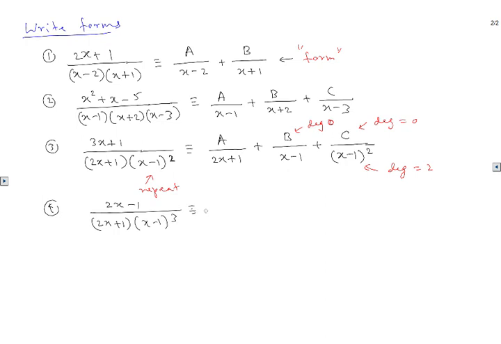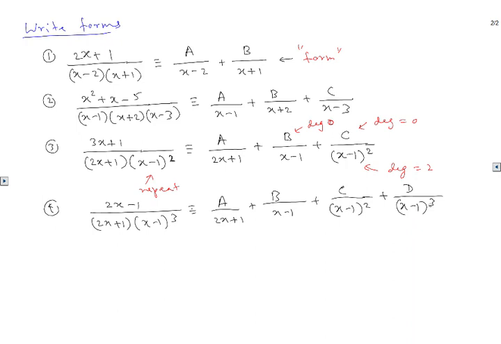So what's going to happen here is A over 2x plus 1, and then B over x minus 1, and then C over x minus 1 squared, and then D over x minus 1 cubed. So you can see everything follows the pattern of the smallest one.